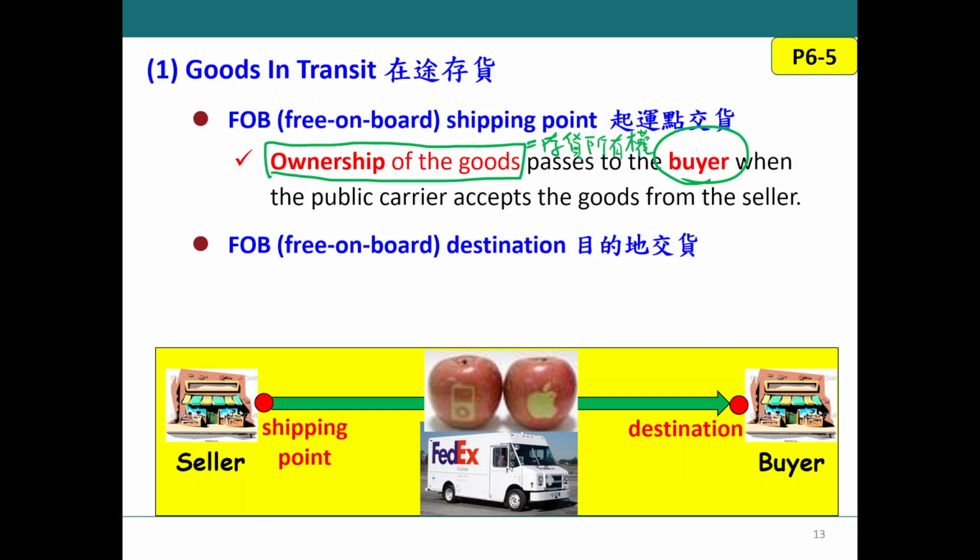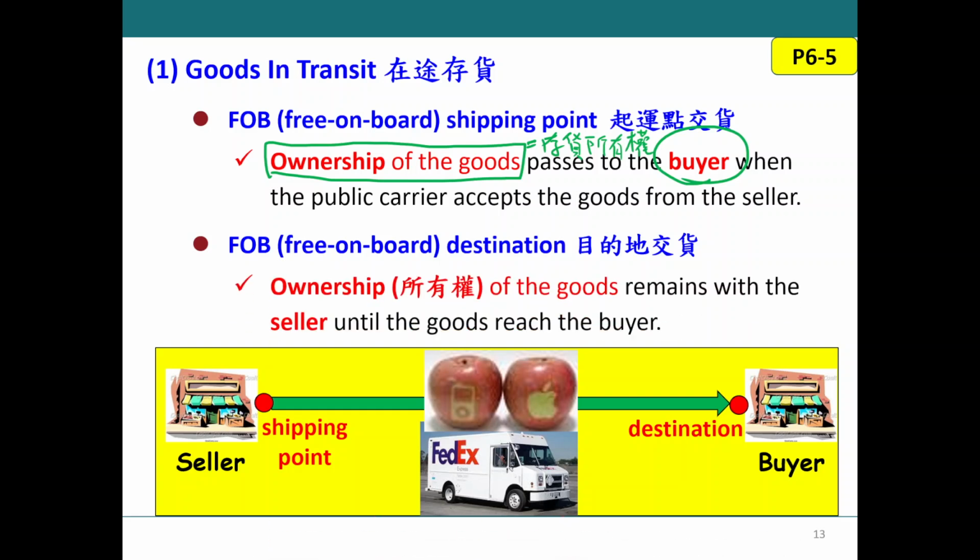After the destination, none of the seller's business, so before the destination, it's the seller's business, right? So who owns these two apples? Sellers. With destination, sellers have the ownership.